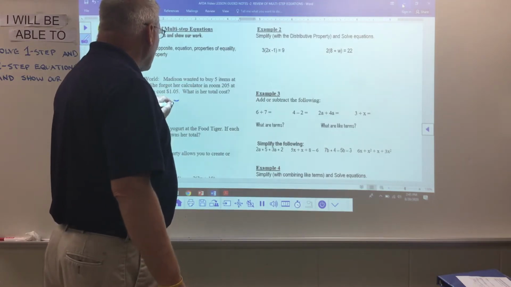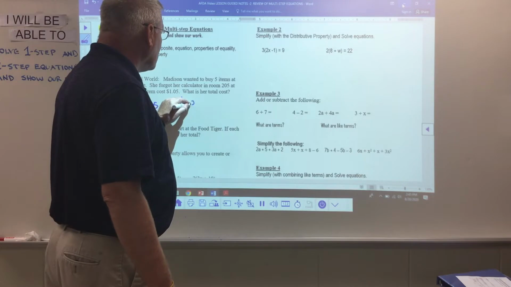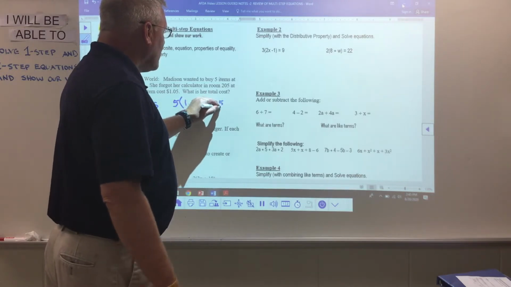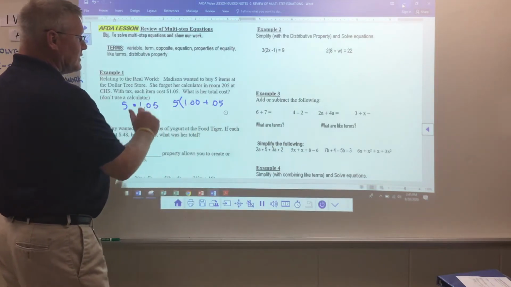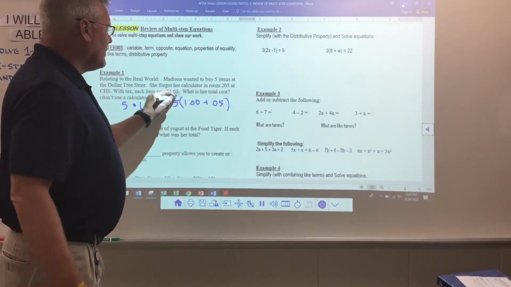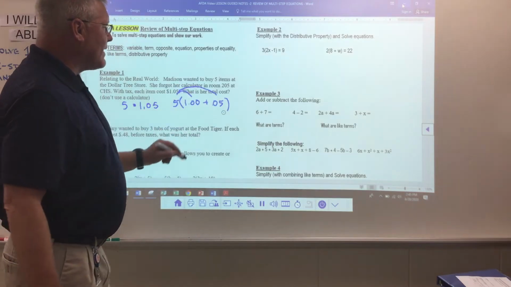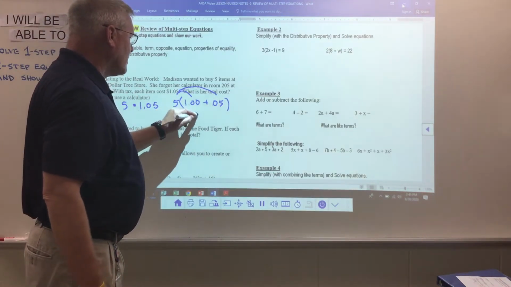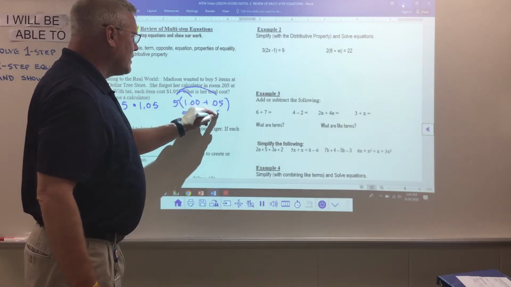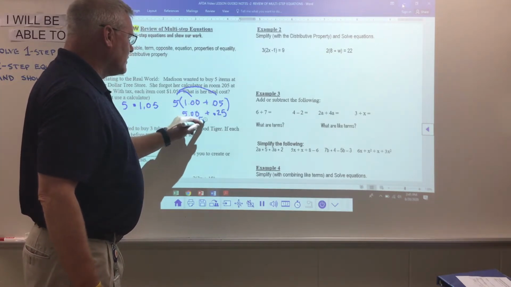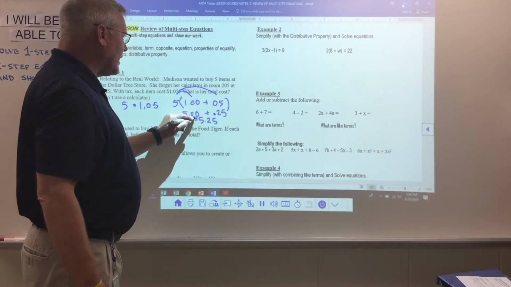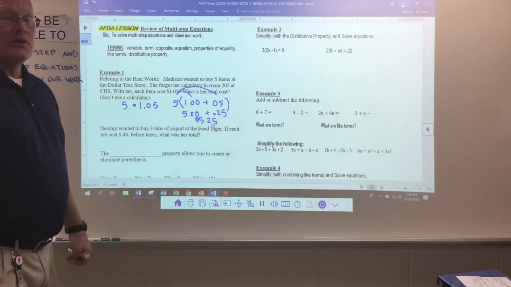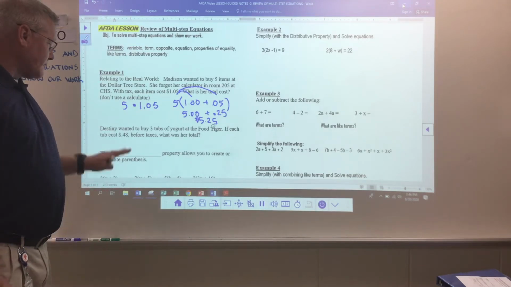The reason I was able to do that is because $1 plus 5 cents is $1.05, and then your brain did 5 times $1 and 5 times the 5 cents, added those together, and came up with $5.25. That is something called the distributive property. It's built in our brains.